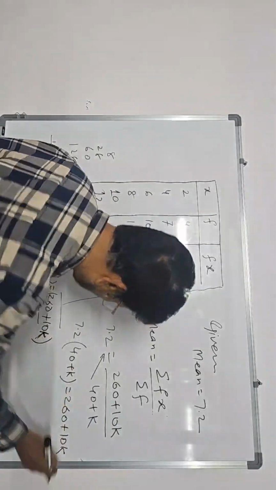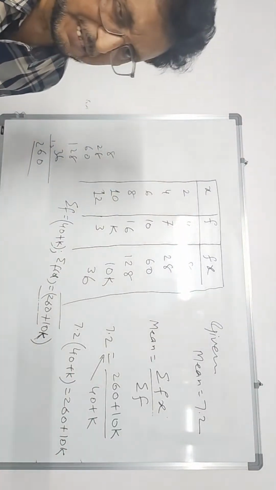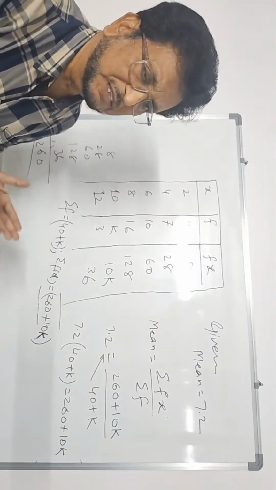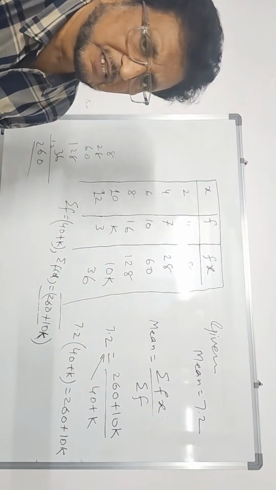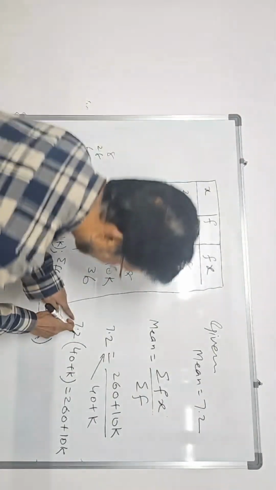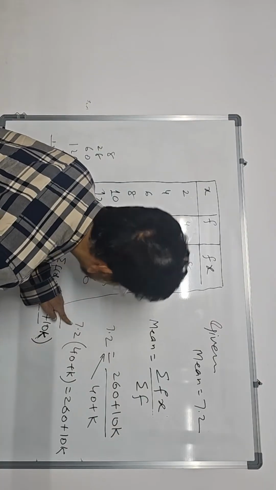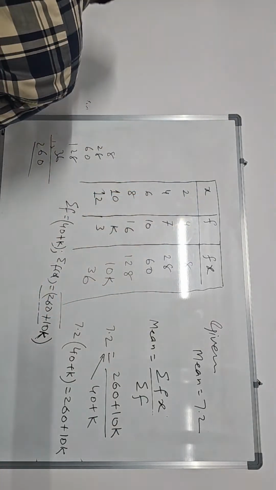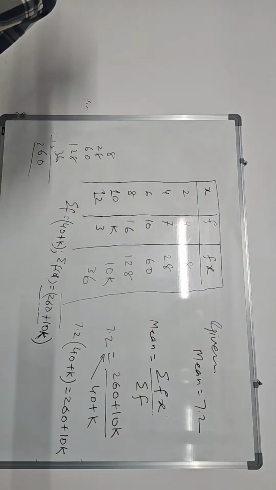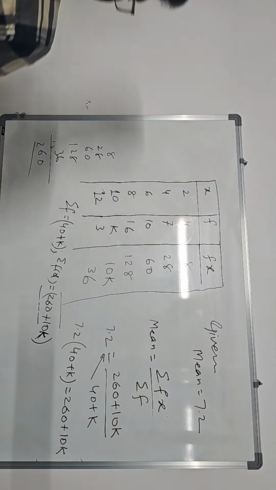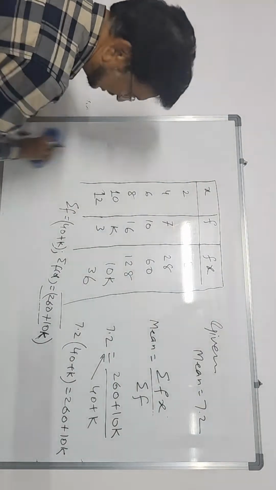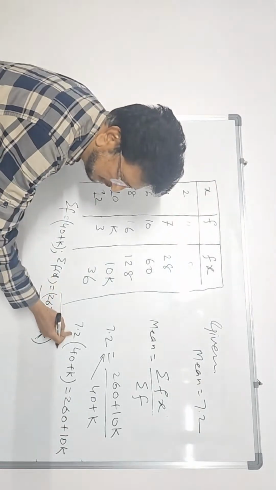Open the bracket, bring all k terms to one side, numbers to the other side. Then you will get the value of k. Open the bracket, 7.2 into 40. Multiplication is simple.